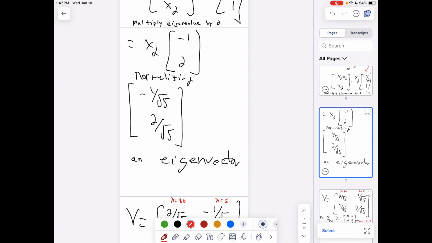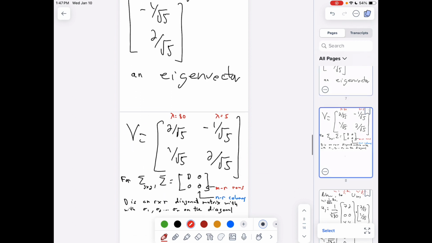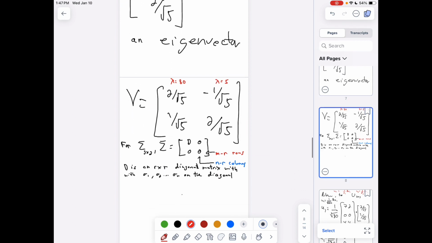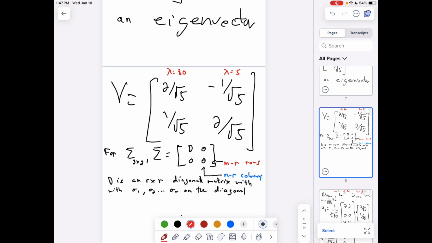Okay, so for V, the first step, the way you form V, our first matrix, it goes to step 3, is you form the columns of your eigenvectors. The columns of V are going to be the eigenvectors that you just got for each of these eigenvalues. And it's really important, you have to put these in order from largest to smallest, left to right.